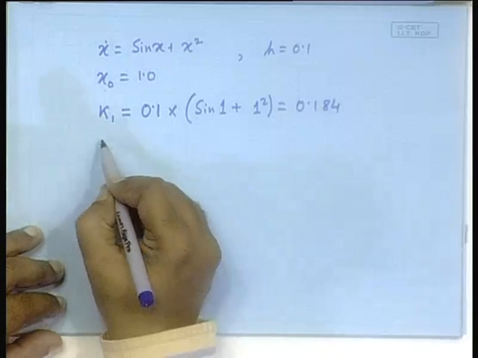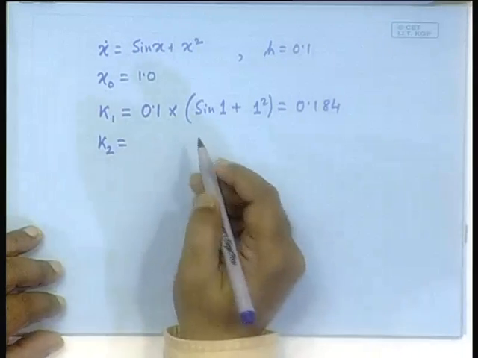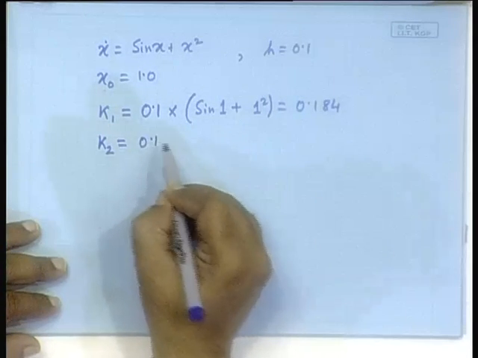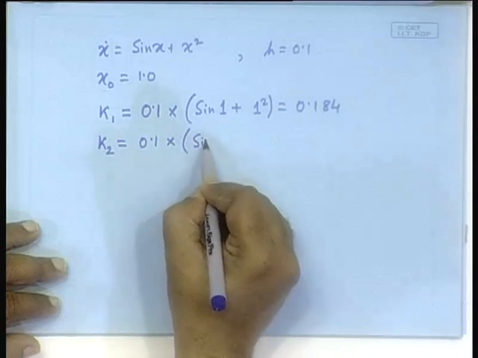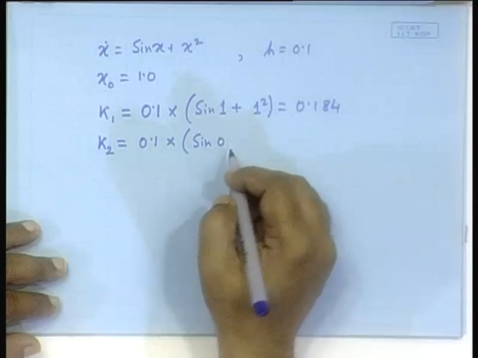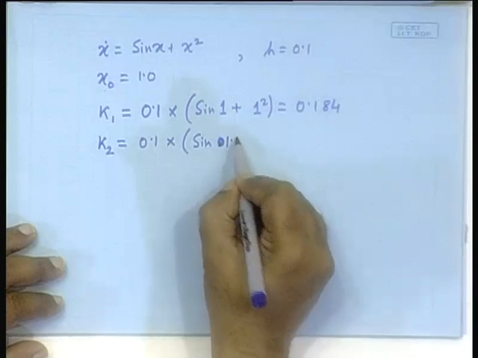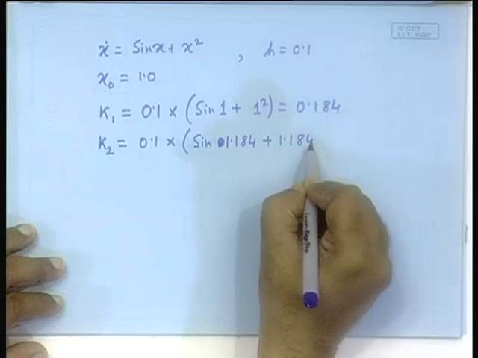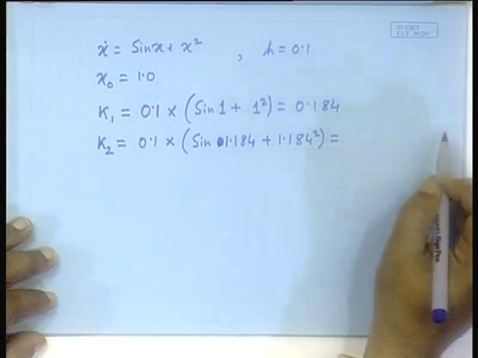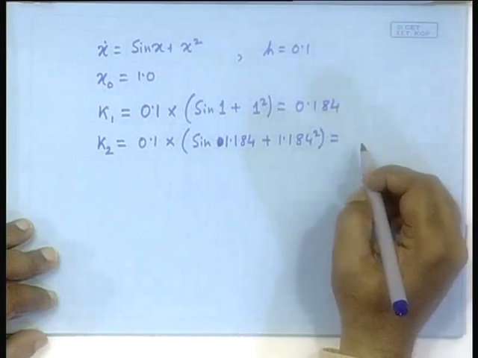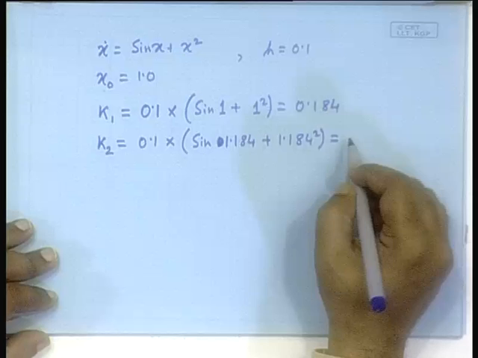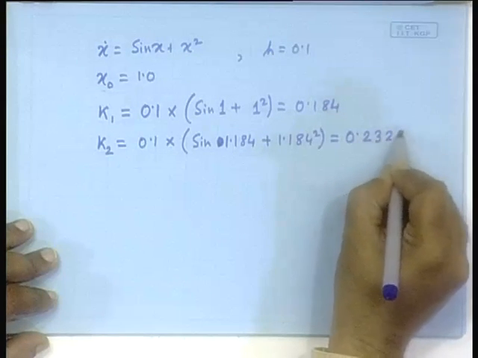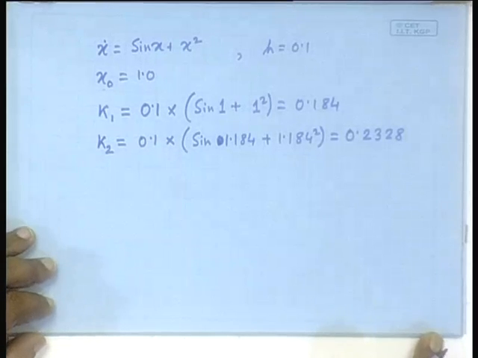Okay. K2 is this substituted here, 0.1 times sin 1.184 plus 1.184 square is equal to this, again we have calculated, it is 0.2328. Okay.